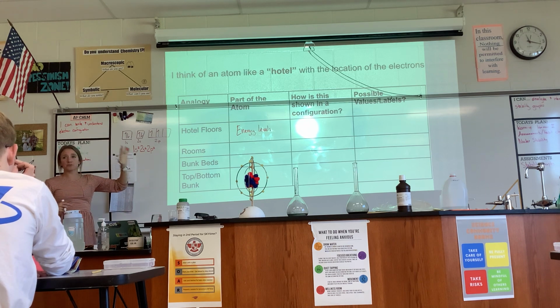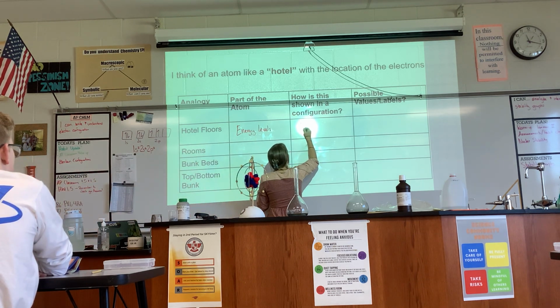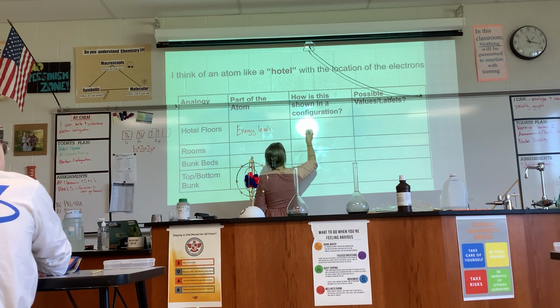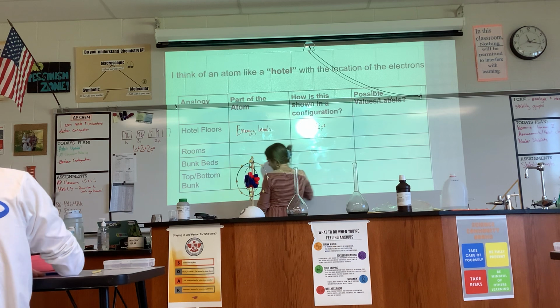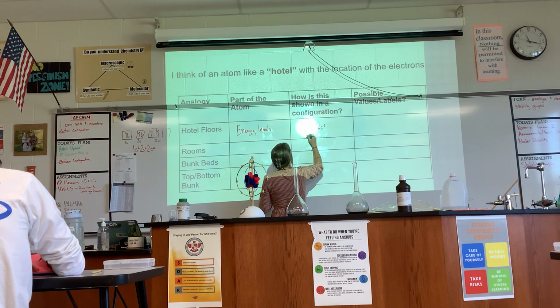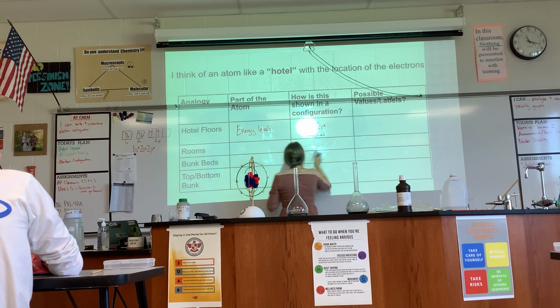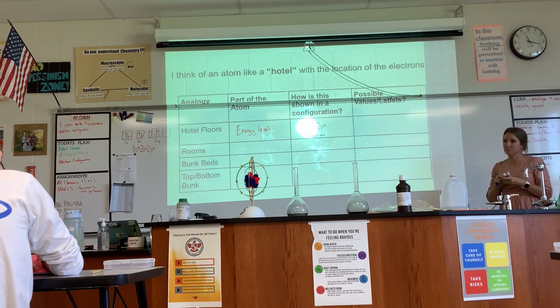In terms of an actual configuration, the hotel floors are represented by the number in front. So when I see 1s2, 2s2, 2p2, these that I'm circling in blue represent the energy levels. The large numbers in front represent the energy levels.